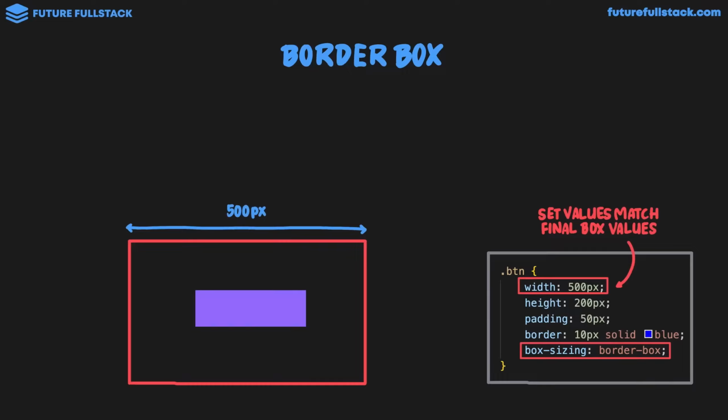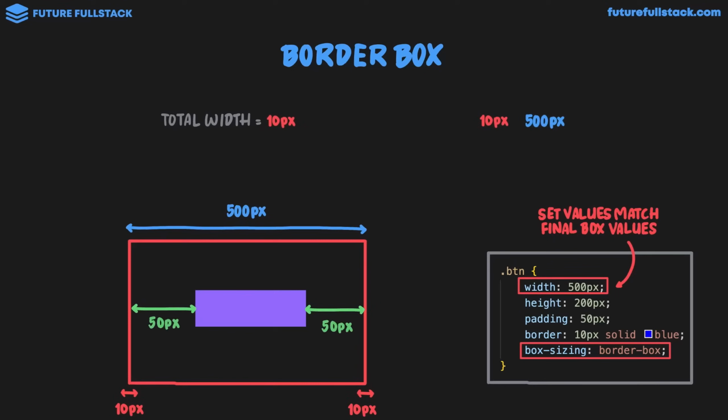So now we're going to work backwards. The total width is 500 pixels. The border is still 10 pixels, so we'll drag that up into our calculation. The padding is still 50 pixels, so we'll drag that up into our calculation. And for this to mathematically work, the width of the content has to be 380 pixels, so that when we sum this all up, we get a total width of 500 pixels.